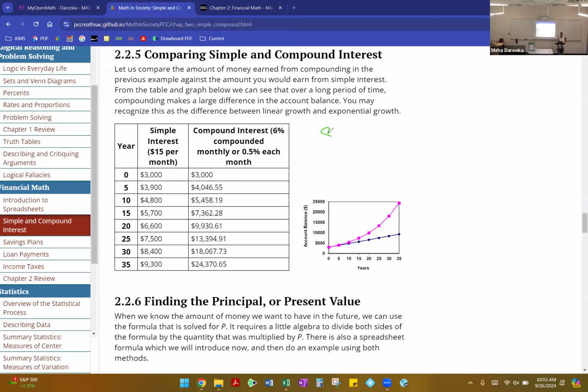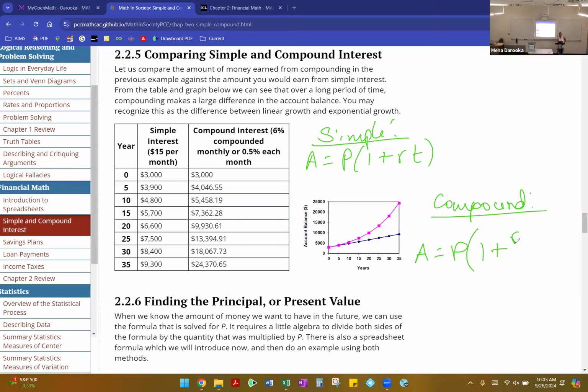All right, so remember for simple interest, our formula is A equals P times 1 plus RT, right? Because there's no compounding period. But then for the compound interest, we have A equals P times 1 plus, and then this is where it changes, right? Because we have those compounding periods.